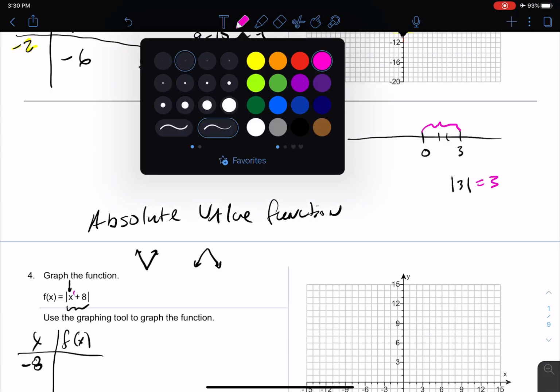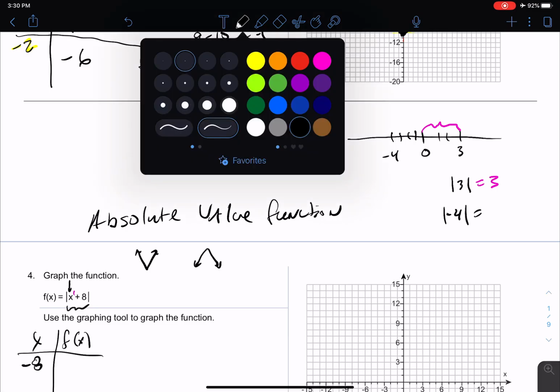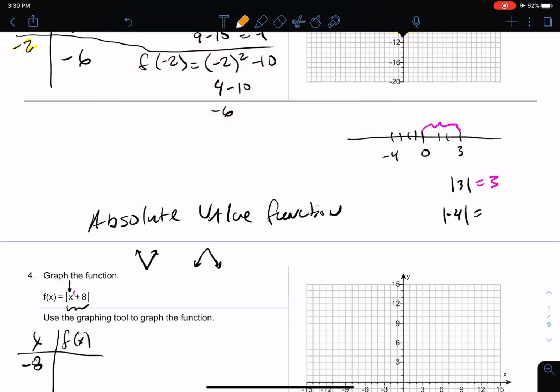And the other way, if we go 1, 2, 3, 4, negative 4, what's the absolute value of negative 4? Absolute values are really good with distances, because with distances you don't have negative values. So I think that's maybe where it came from. How far is negative 4 from 0? It's 4. So that's why the absolute value of negative 4 is 4.